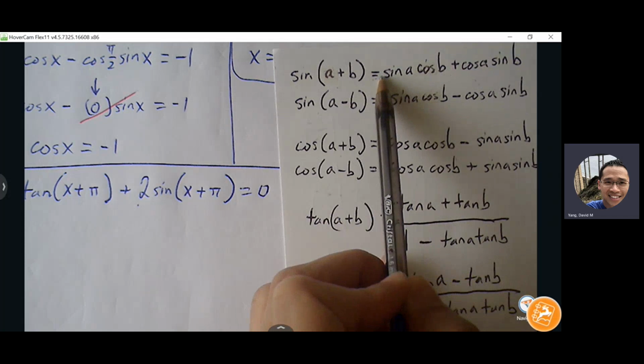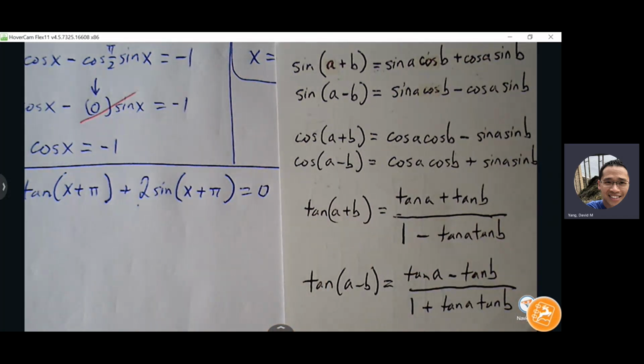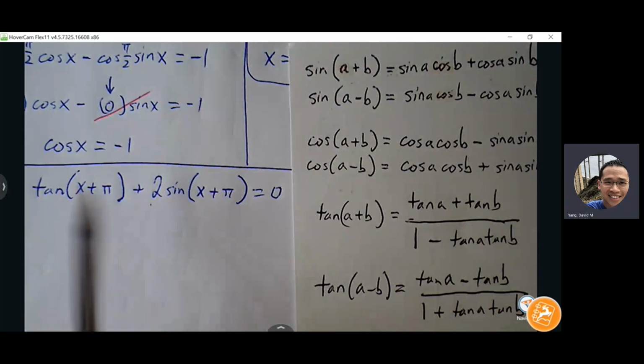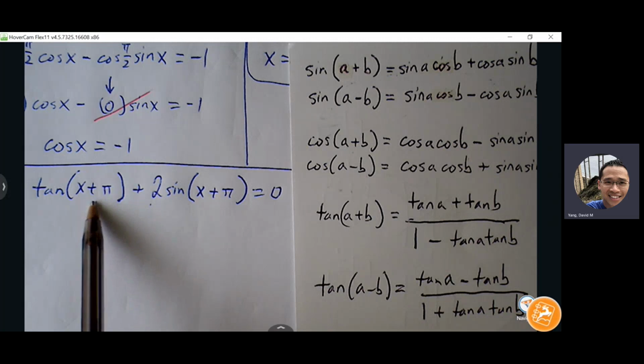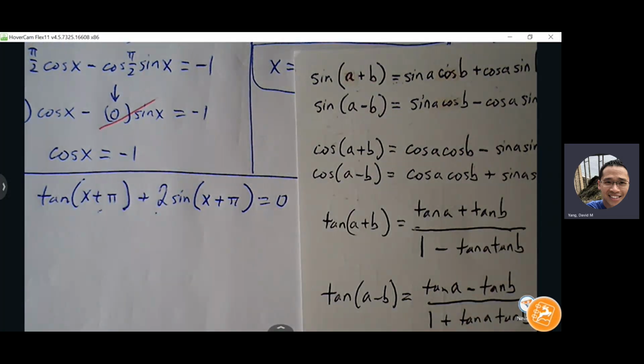So the 2 is going to go in front of the first expression, and it'll also need to go in front of the second. So I need to distribute that 2 through. Okay. The tangent has a denominator, but it will clean up nicely for us. So don't worry about that. Just apply those identities, and I'll go through the steps.